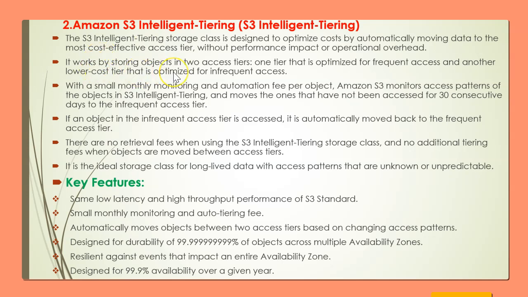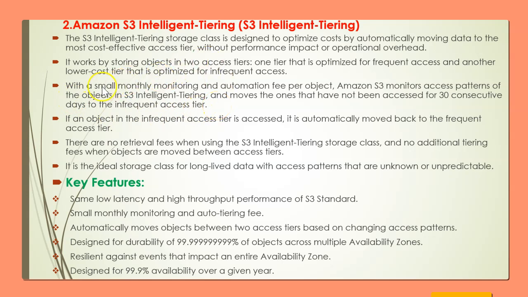It works by storing objects in two access tiers, one tier that is optimized for frequent access and another lower-cost tier that is optimized for infrequent access. With a small monthly monitoring and automation fee per object, Amazon S3 monitors access patterns of the objects in S3 Intelligent-Tiering and moves the ones that have not been accessed for 30 consecutive days to the infrequent access tier.